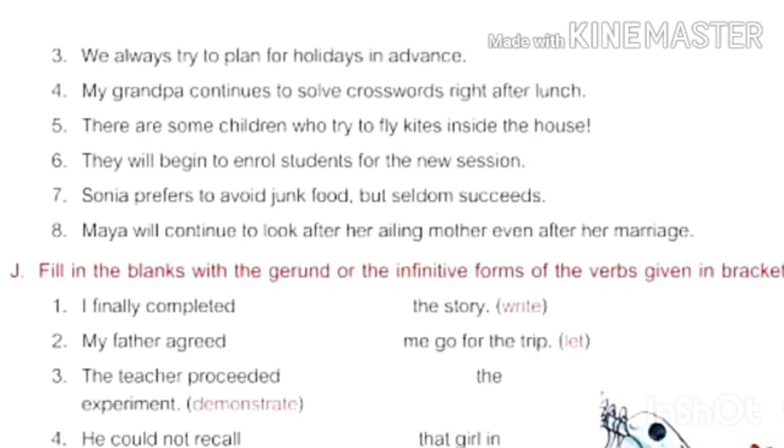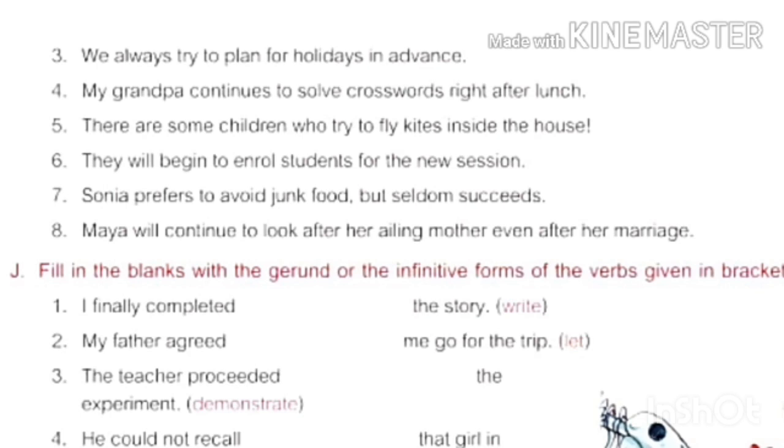Next, fill in the blank is my father agreed dash me go for the trip. We all know that after agree, after want, and such words as wish, expect, we always use the infinitive. So we'll use to let. So my father agreed to let me go for the trip. Third, the teacher proceeded dash the experiment.